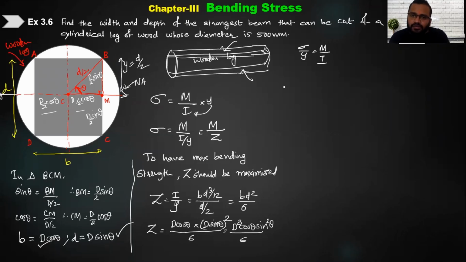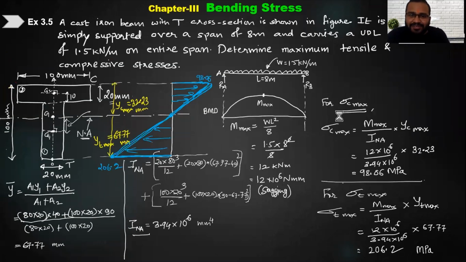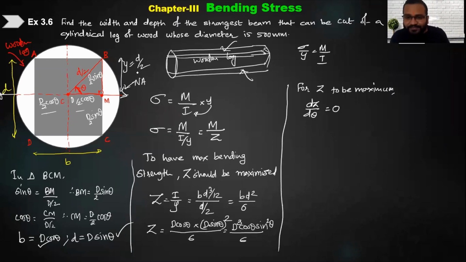Understood? Now, for Z to be maximum, everybody knows the maxima minima concept. For any function to be maximum, the derivative of that function with respect to the variable should be 0. I am not good at math, you will know it because you are studying mathematics. Yes, is it correct or not?